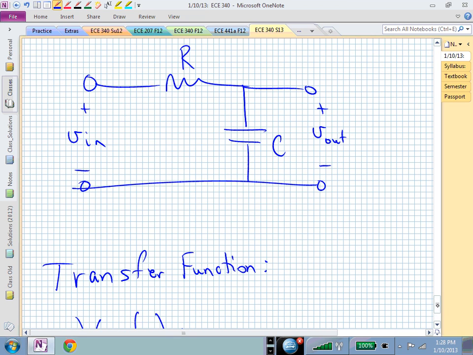What's the impedance of a capacitor? 1 over SC. And now if I do a voltage divider, what do I have? I have this impedance divided by the total impedance, which is just a series combination.